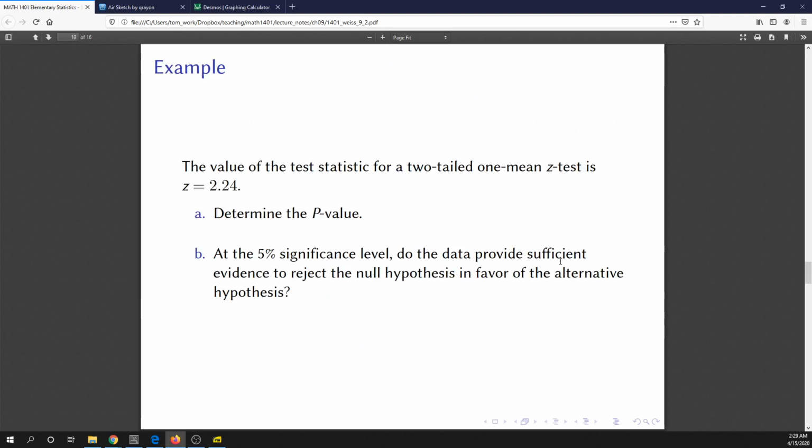All right, let's take a look at this example right here. Okay, it says the value of the test statistic for a two-tailed one mean z-test is z equals 2.24. Okay, so we're doing a two-tailed test. Let me draw the picture here so I can take a look at it.